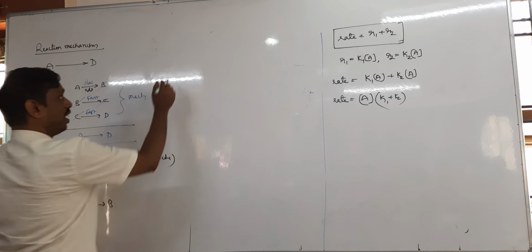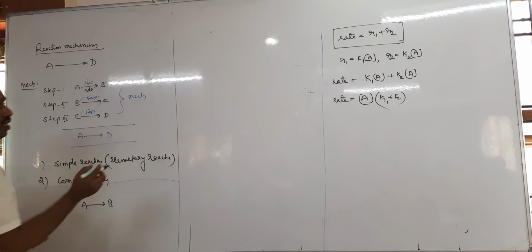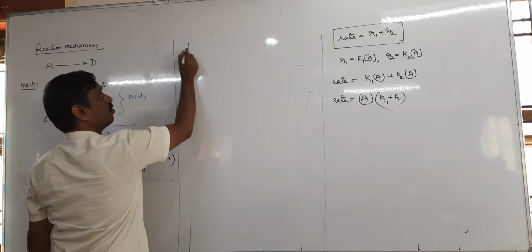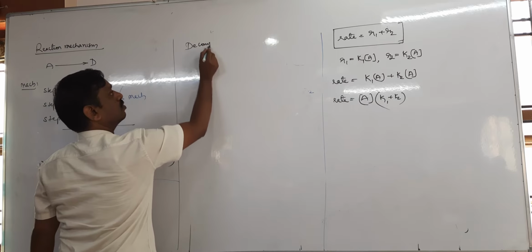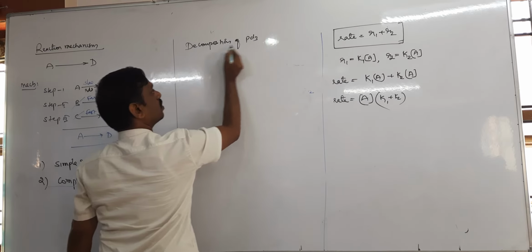Now let's say, example for a simple reaction, you have taken A to B. Now you can take the example, decomposition of PCl5, right?